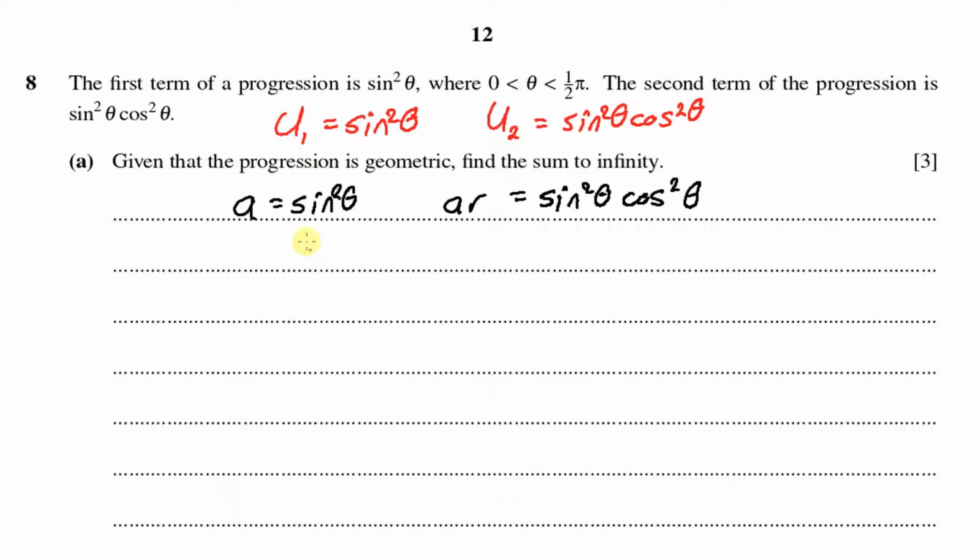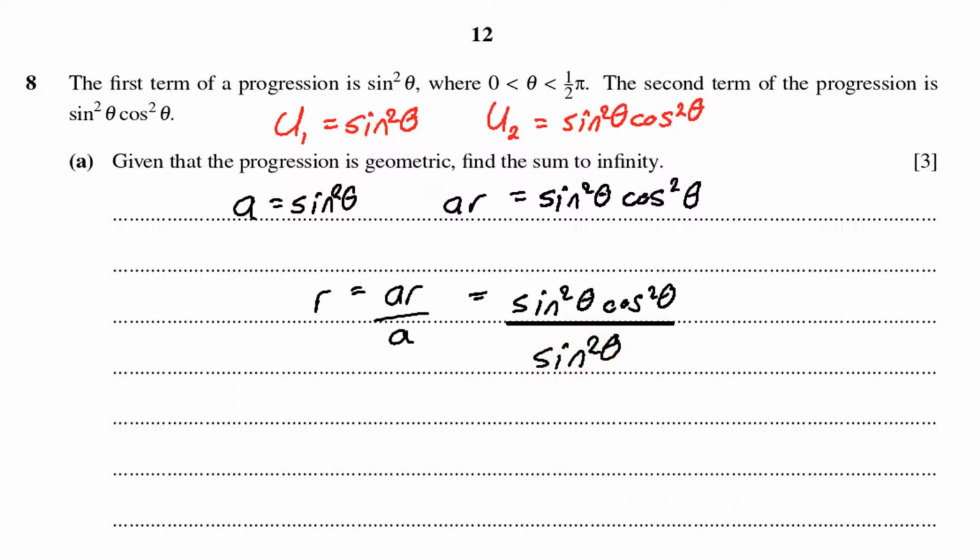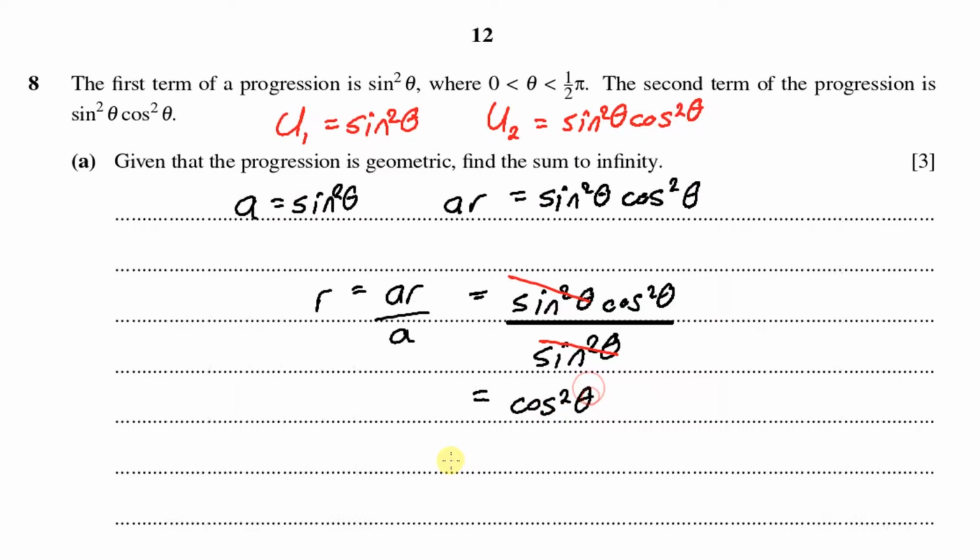Which means that we can actually find the common ratio R by dividing the second term by the first term, which in this case will be sine squared theta cos squared theta divided by sine squared theta. So here we can cancel out the sine squared theta and we get R coming out as cos squared theta.